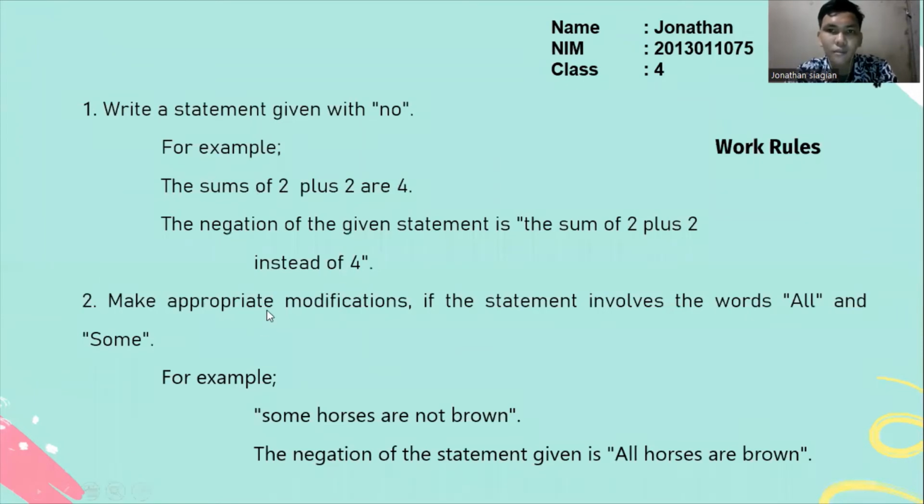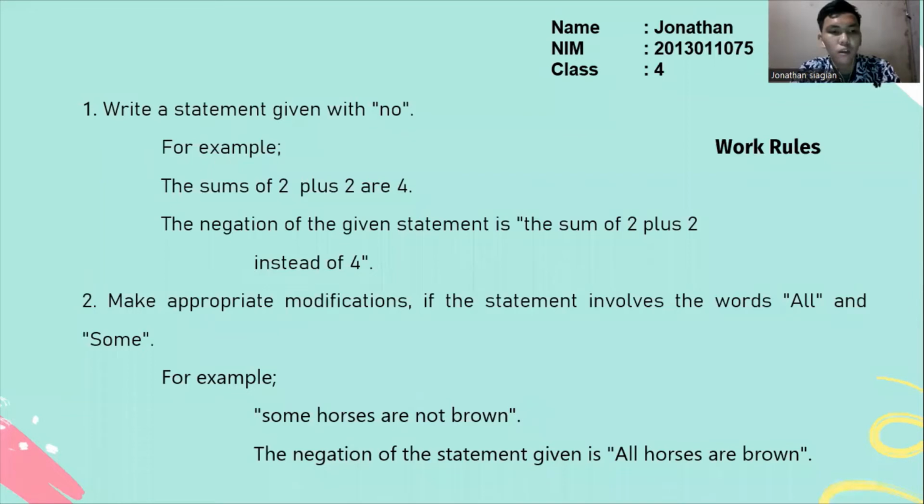And the next, work rules. I have work rules. First, write a statement given with no. For example, the sum of 2 plus 2 is 4. The negation of the given statement is the sum of 2 plus 2 is not 4.